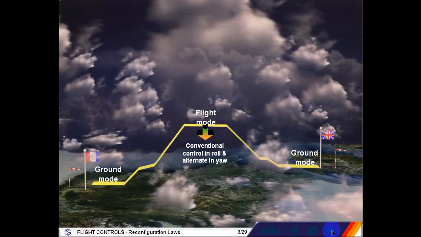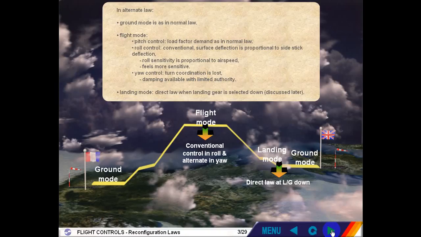Roll sensitivity is proportional to airspeed. Feels more sensitive. Yaw control: turn coordination is lost. Damping available with limited authority. Landing mode: direct law when landing gear is selected down. Discussed later.